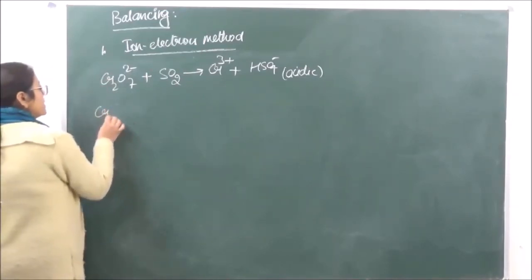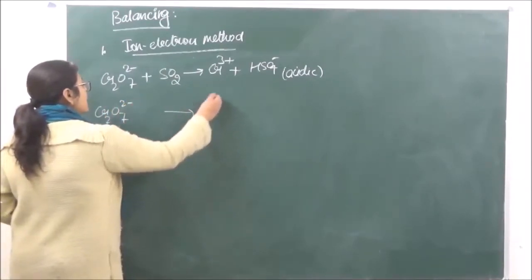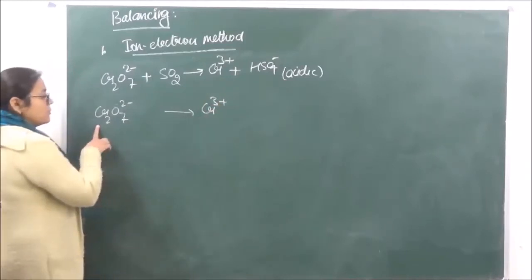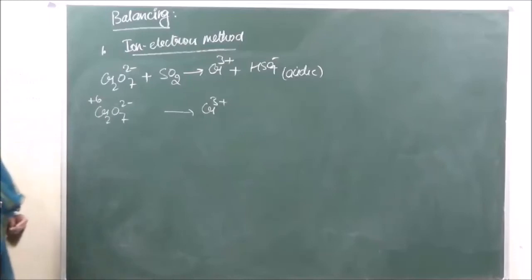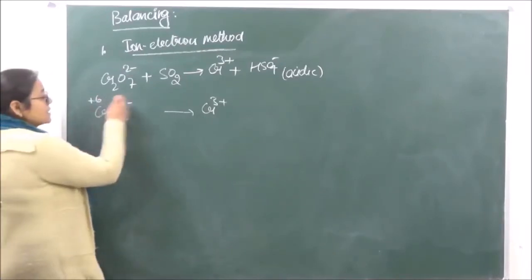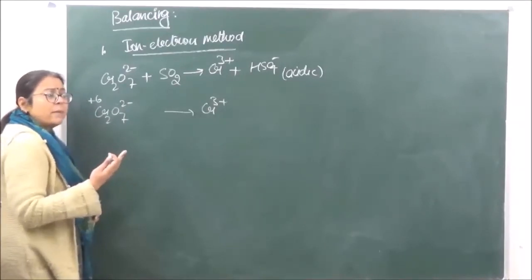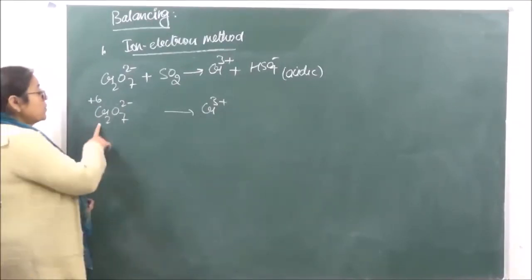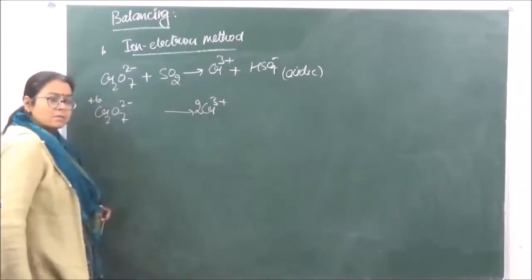We have Cr2O7 2 negative to give us Cr3 positive. The oxidation number of chromium over here is +6. Now it is going from +6 to +3. So that means 3 electron exchange is taking place per atom. As you can see, there are 2 atoms of chromium, so we directly balance the chromium atoms.